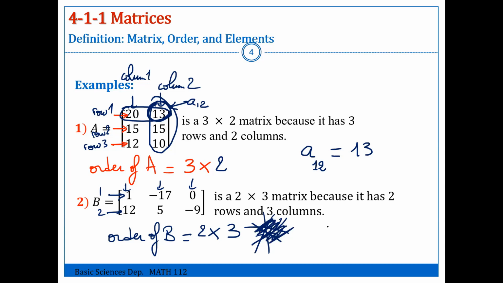What about B12? Minus 17. First row, second column. This is the element. So this is the address of the element. It gives the index of the row and the index of the column.